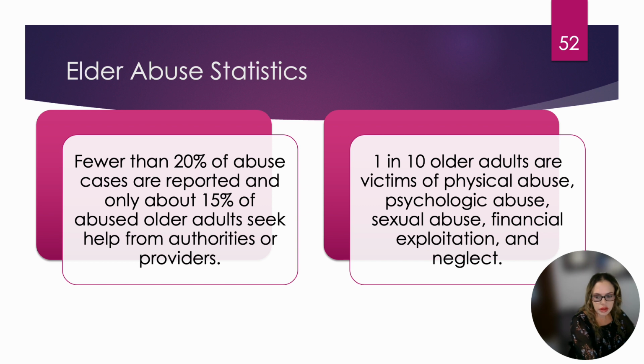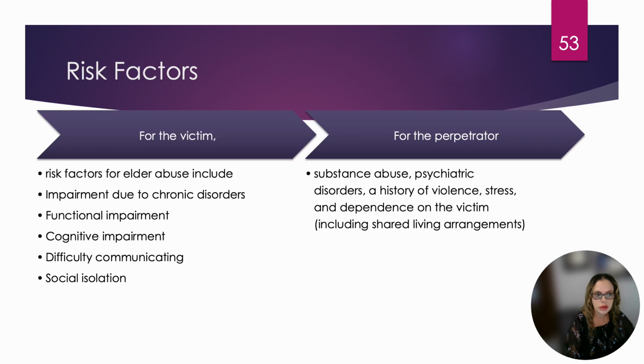Now, you can see examples there that are concerning, and you can see that people don't want to report the abuse. Fewer than 20% of abuse cases are reported, and only about 15% of abused older adults seek help from authorities or providers. And 1 in 10 older adults are victims of physical abuse, psychological abuse, sexual abuse, financial exploitation, or neglect.